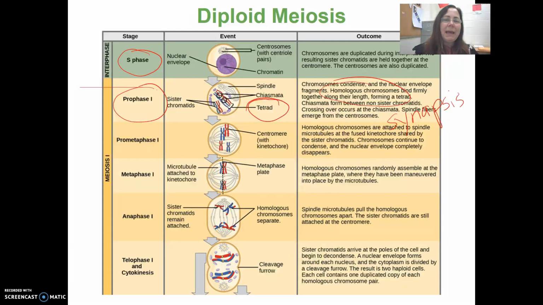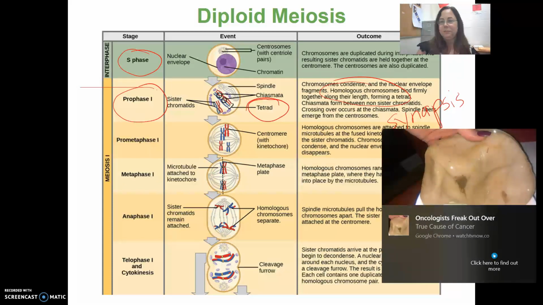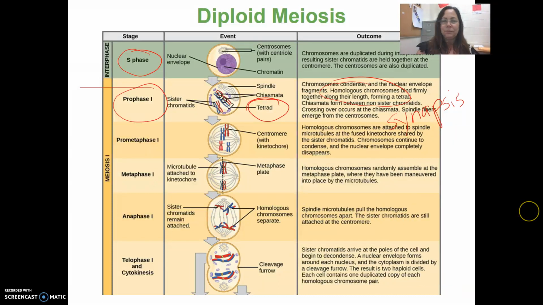And then you're going to have prometaphase, which is very similar to prometaphase in mitosis, except this time when the chromosomes start moving toward the metaphase plate, the spindle microtubules are going to attach to the kinetochores.